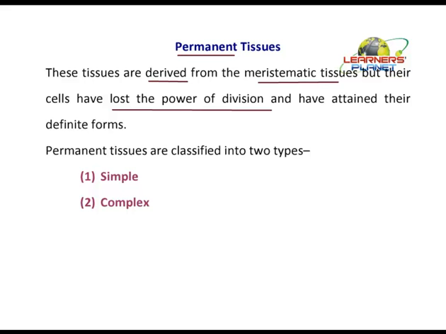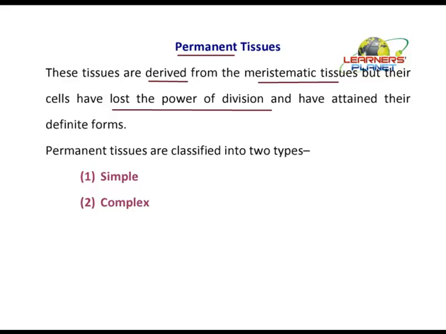They are going to be differentiated from each other. There are many differences; let us note them here. First, shape: meristematic tissues have varying shapes, but permanent tissues have a specific, definite shape. Then differentiation: meristematic tissues do not differentiate, but if they differentiate, they take the shape of permanent tissues.